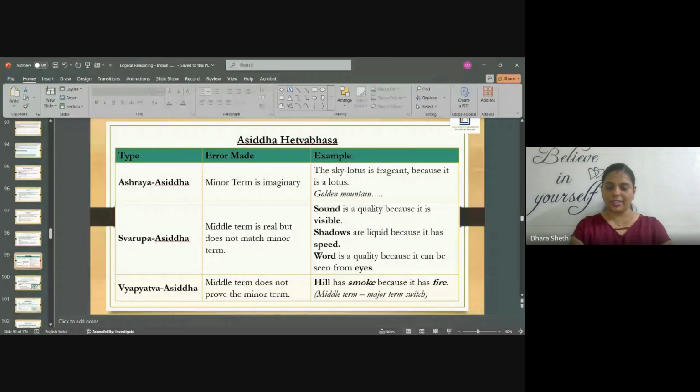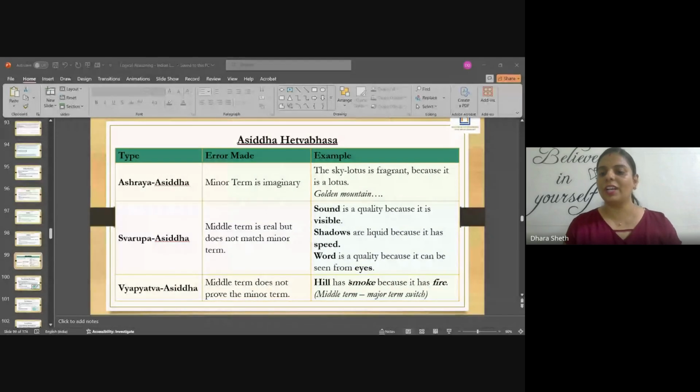This is what you need to take a screenshot of and remember the sentences for each hetvabhasa. You should not be using your brain in exam for this. Just memorize. If there is any other example, only then you should think. For these examples, you should know.